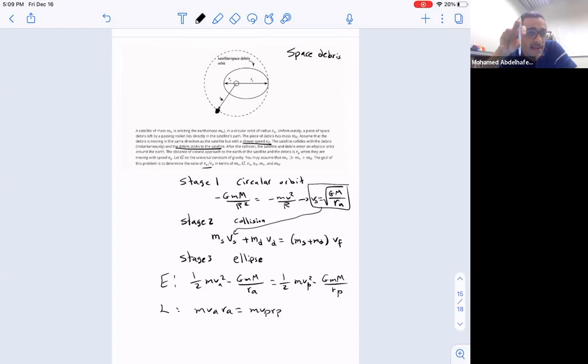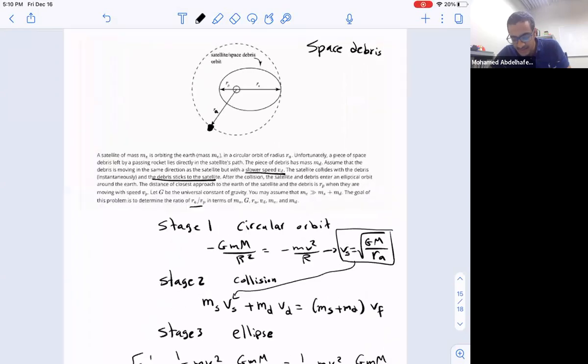The collision itself I'll do separately. If there is anything before it, I will do it separately, then the collision, then what happens after. So here I have a circle, then the collision, then the ellipse. You have to practice getting the stages yourself, since the problem could split it for you, but it could also just tell you to deal with it.